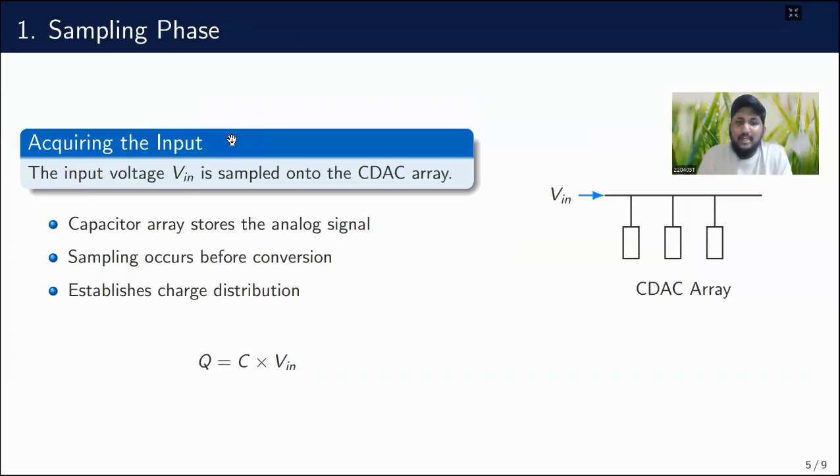The capacitor array stores the analog signal as charge before conversion begins. The stored charge follows the relation Q = C × V_in. This phase establishes the initial charge distribution required for the SAR conversion process.